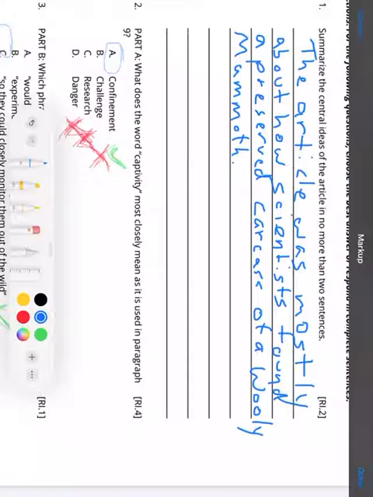All right. So the article was mostly about how scientists found a preserved carcass of a woolly mammoth. But what else was it about?